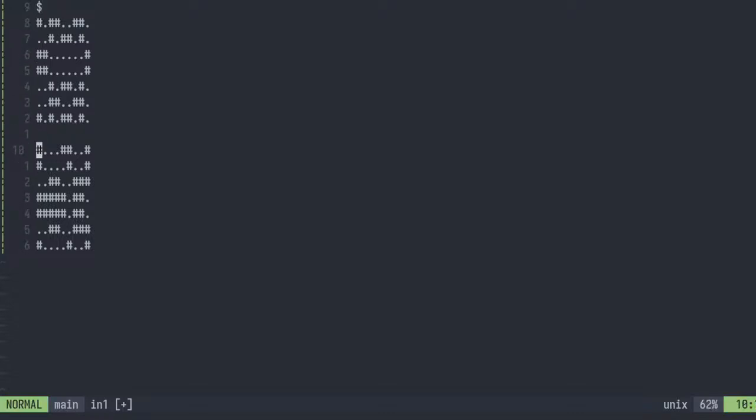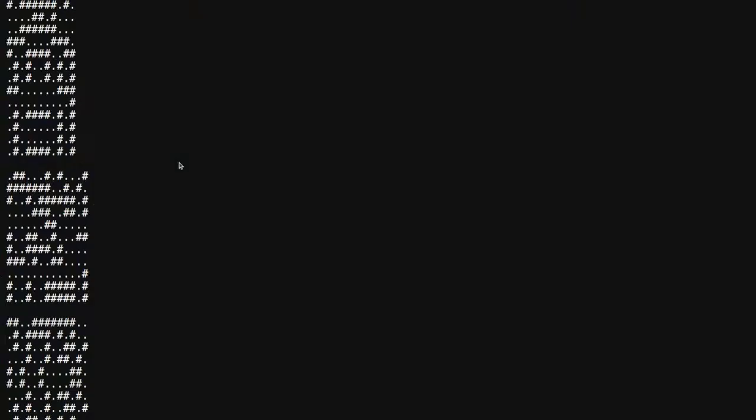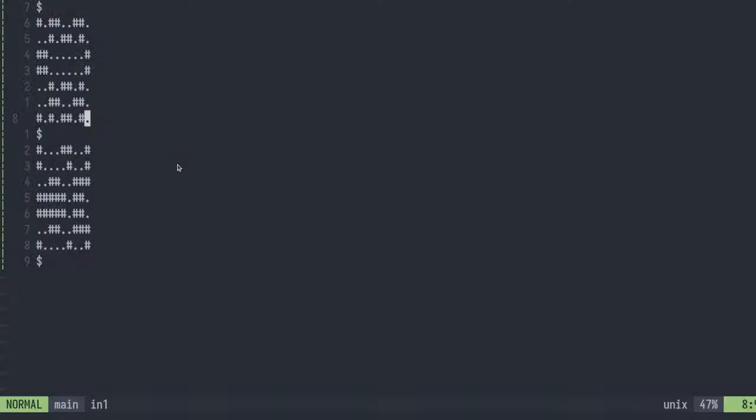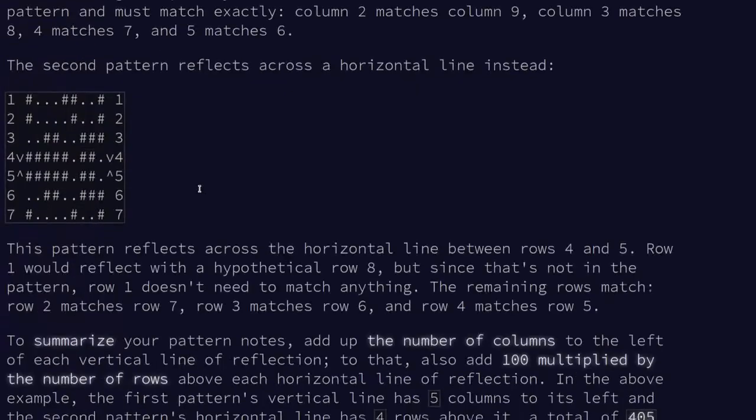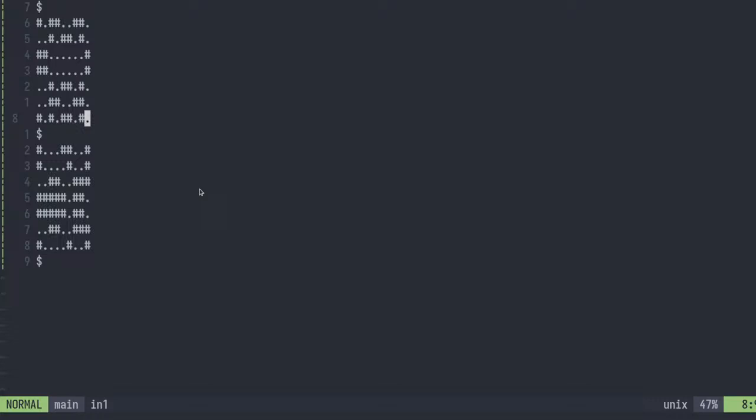Whenever there is a dollar, I say that I need to start taking a new grid. So the first time I encounter this, I will clear the grid and check if it is a new test case. Fine. For the last test case, the answer for this is 405.